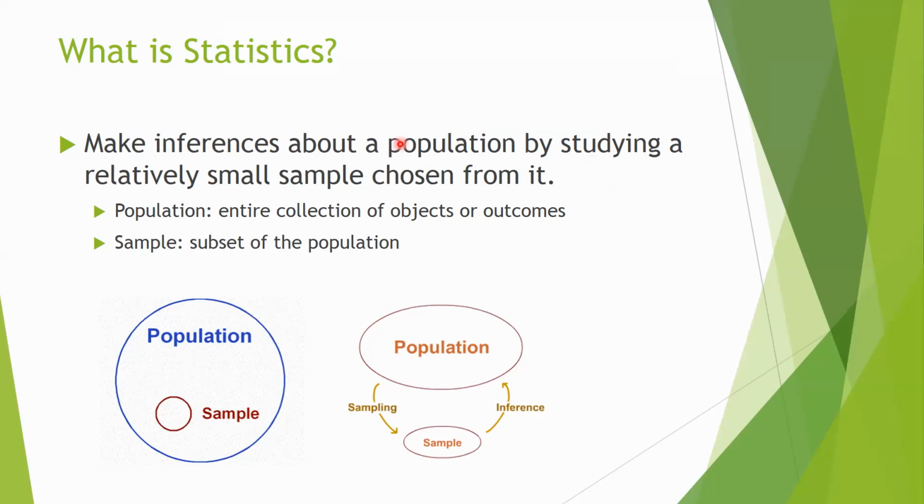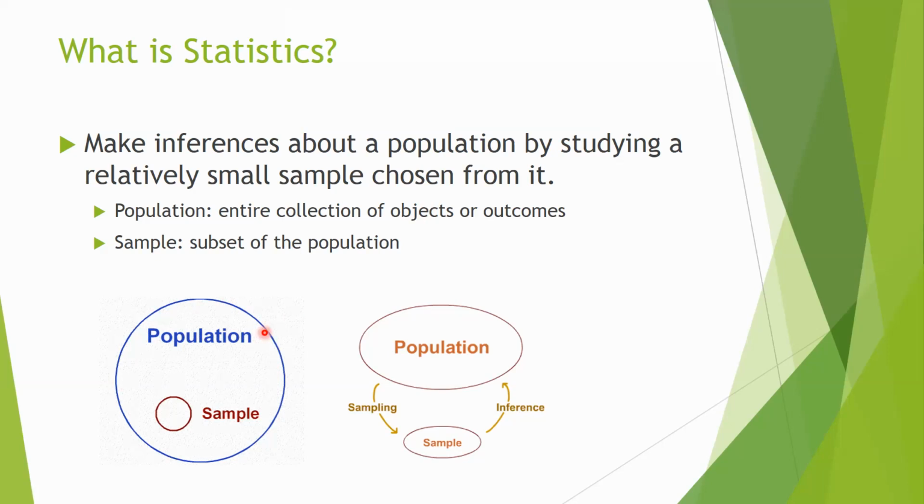So what is statistics? Statistics is a scientific method that we can use to make inferences about the population of interest. Suppose we are interested in this population, and let's say the population mean.